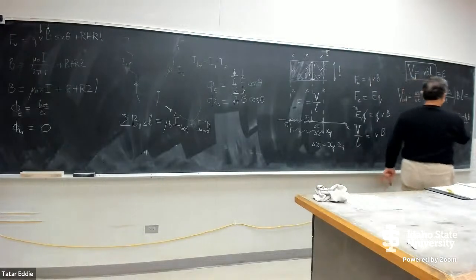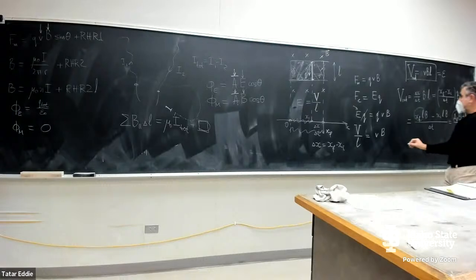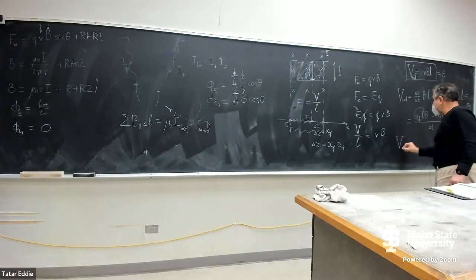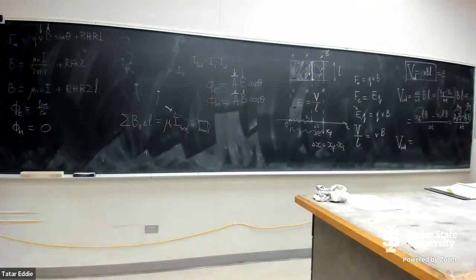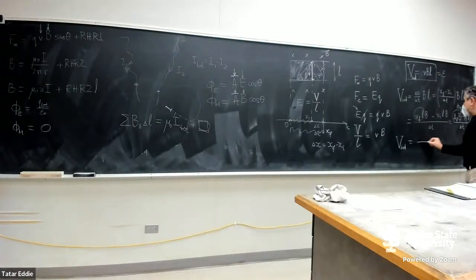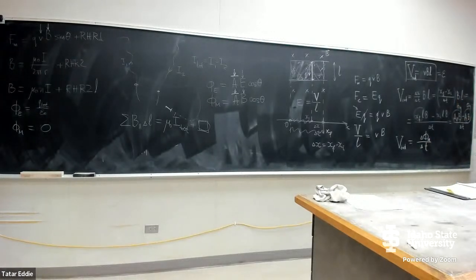This is magnetic flux at the final moment of time, and this is magnetic flux at the initial moment of time. And therefore, you can say that induced voltage is equal to, well, final minus initial, we usually denote with a delta, delta magnetic flux divided by the time interval delta t.